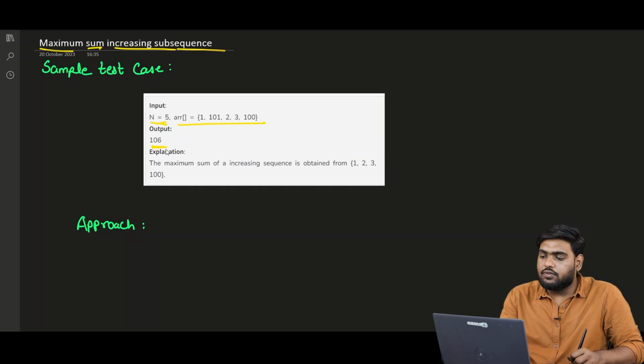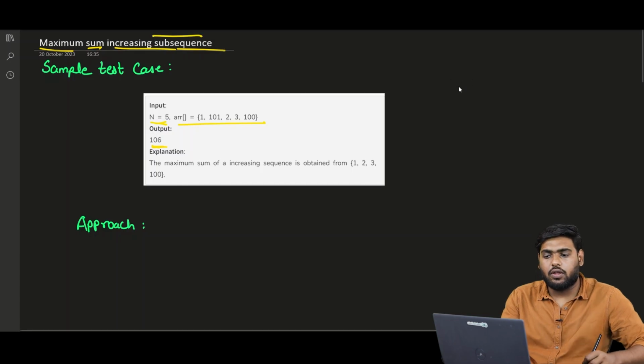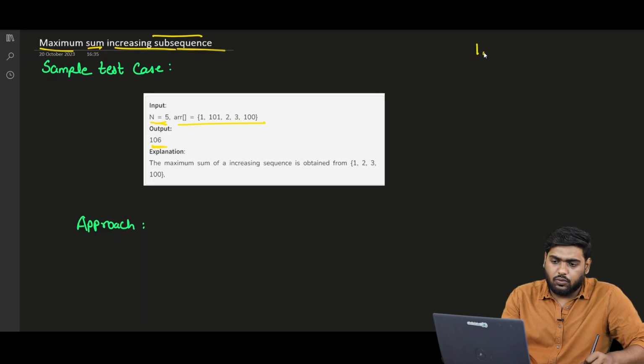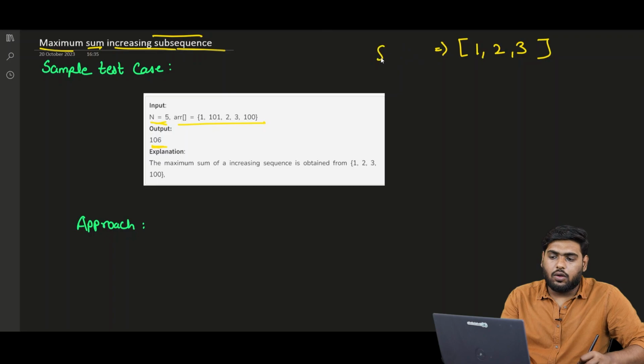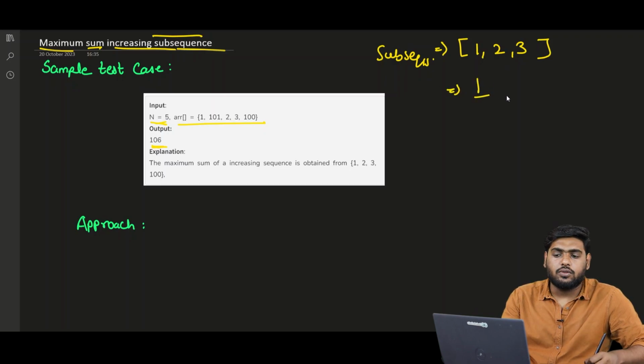Fine. So first of all, before even talking about sum, let's figure out what this subsequence is. So if I have, let's say, 1, 2, and 3 inside my array, I have to talk about subsequences. If I am taking 1, it is a subsequence.